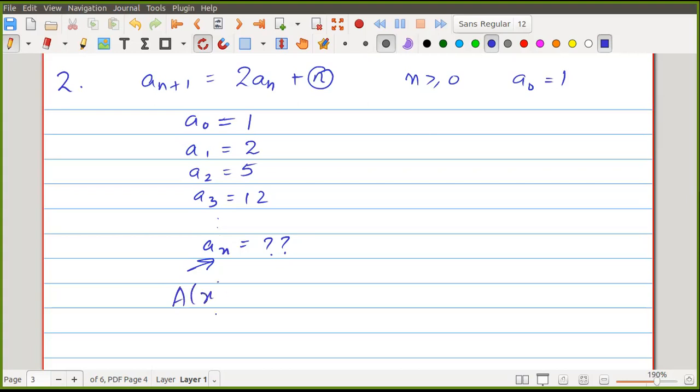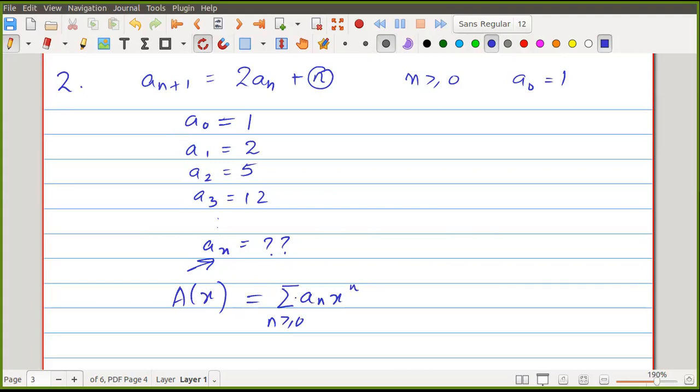We try to find it using the generating function. So we want to express this as the summation of an xn, running from n equal to 0 to infinity. We want to see what this turns out to be, whose coefficient for the nth power of x is going to be the nth term of this sequence.